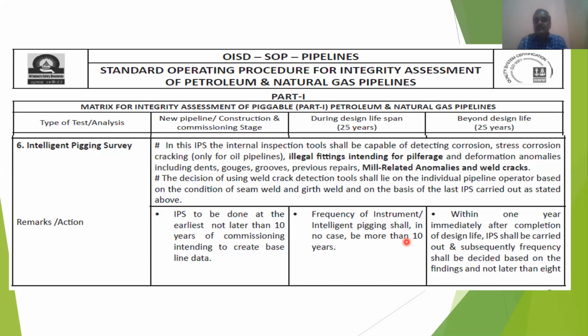So 7 plus 9, 16 years, then at 25 years you run the pigging. So from here to here you make 3 IPS surveys. Then once 25 is completed, you will carry out the survey immediately after completion.